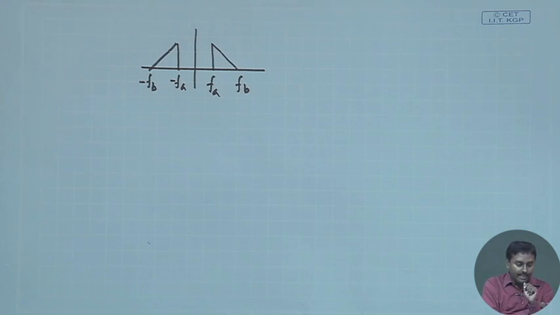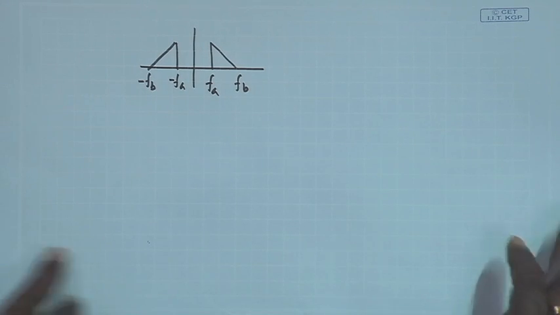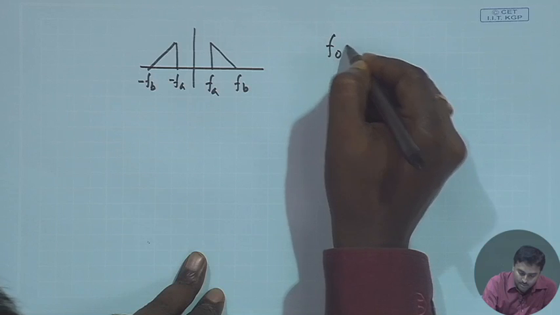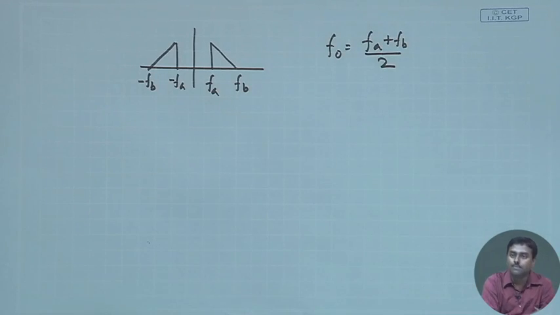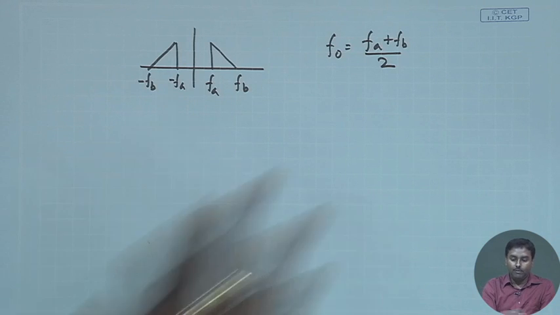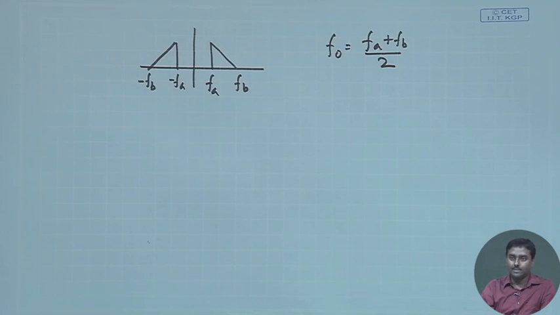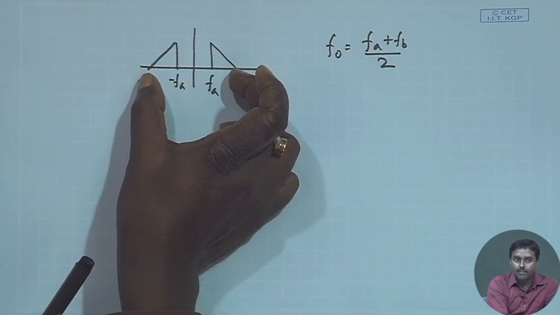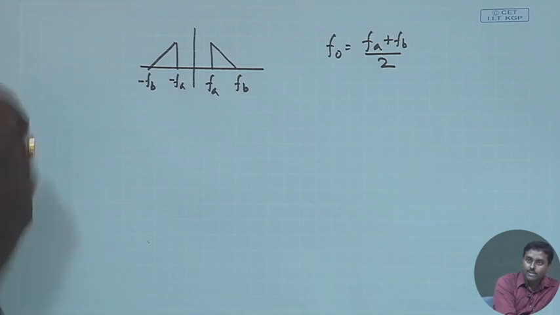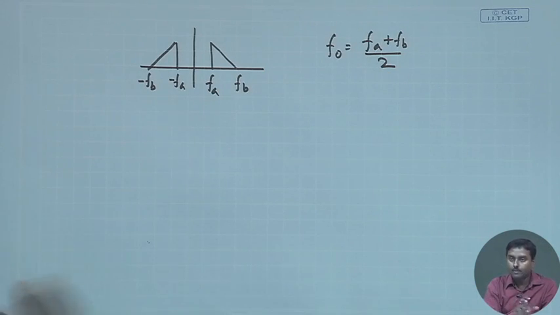The modulation he has employed is at a frequency F0, which is nothing but FA plus FB divided by 2. It will be very clear why he has chosen this frequency. Okay. So, immediately if you do that, what will happen? If I modulate with this frequency, it will be translated by F0 on this side and F0 on the other side, right.